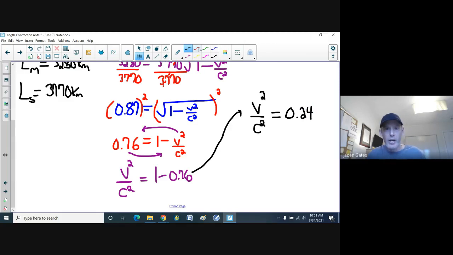Now, what I got here is a number equaling a fraction. I'm going to go fraction equaling a fraction. And so 1 times V squared is V squared. Now that's equal to 0.24 times C squared.